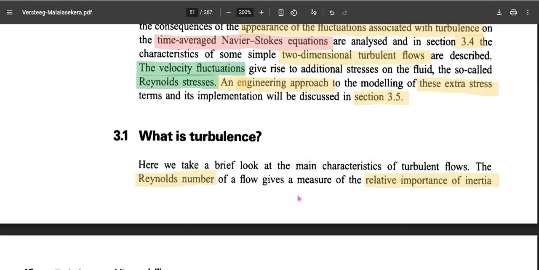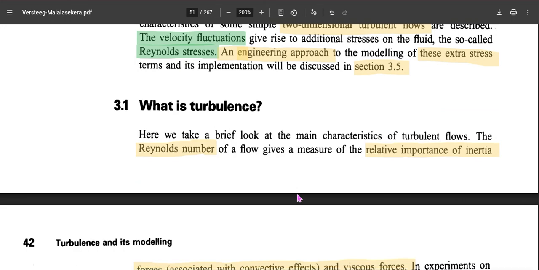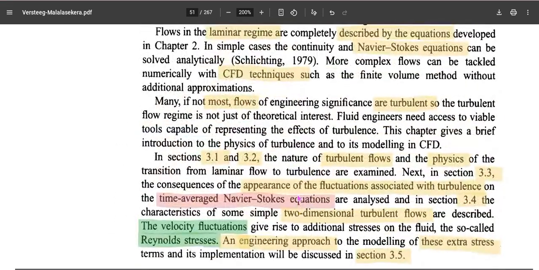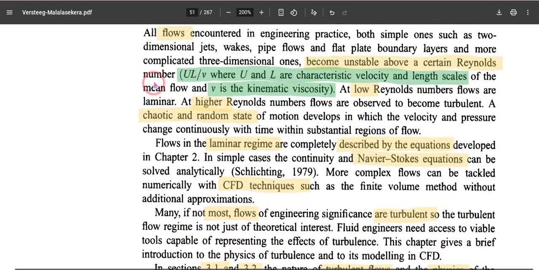As I mentioned earlier, it is based on the bifurcations occurring in the Navier-Stokes equations due to a parameter called the Reynolds number, which is UL by mu. The numerator is defined as a convective term, and the denominator is a diffusive term.